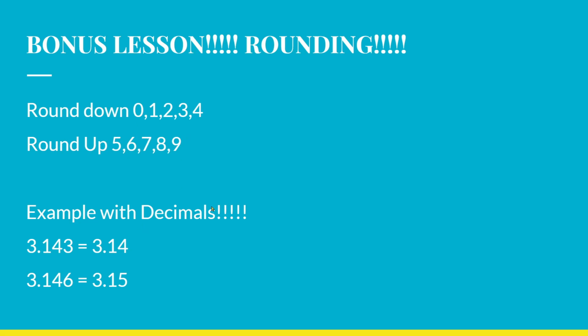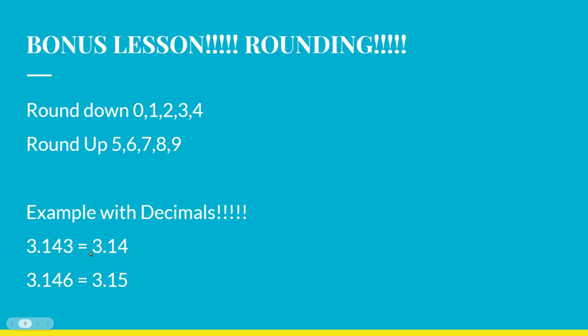And I did a little example here with decimals. So here we're rounding to the hundredths place, and we have the number 3.143. And since the 3 is the last number here, we're going to round down to 3.14. And we have 3.146. And we're going to go ahead and round this up to 3.15.